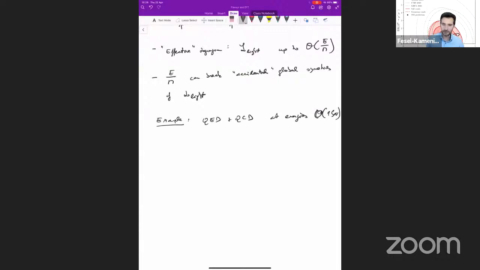So what are the relevant degrees of freedom? We have the photons and the gluons, and then we have the first two generations of quarks and leptons, okay? So if we consider this theory and write out only the renormalizable Lagrangian for this theory with this gauge symmetry, we see that it has a large flavour symmetry. It has, in fact, a U2 connected to the up quark flavour rotations times U2 connected to the down quark flavour rotations.